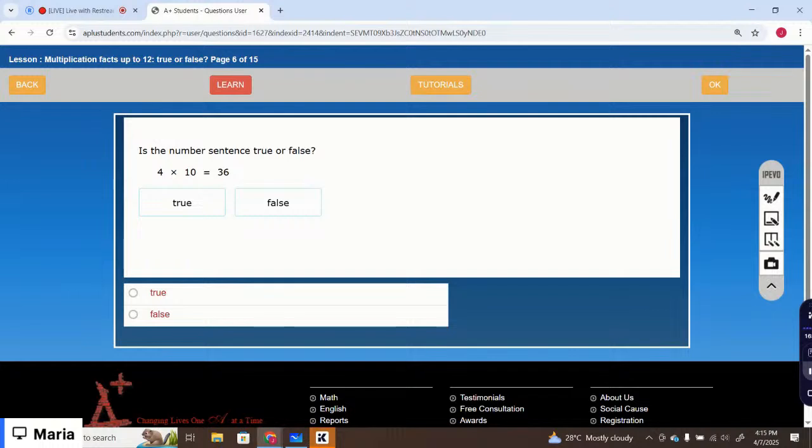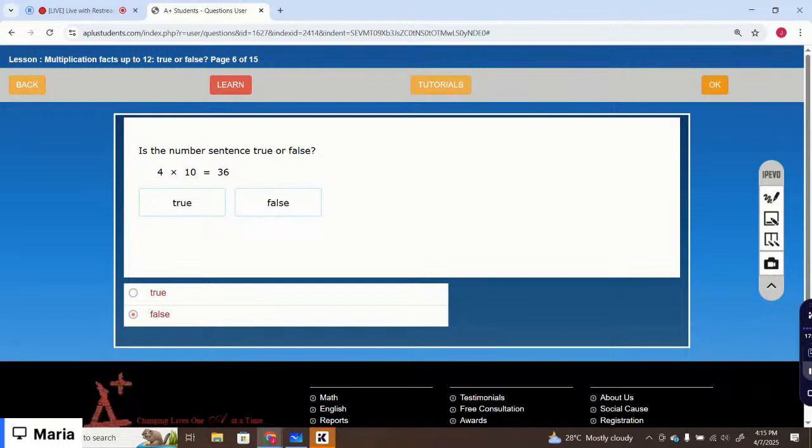Is the number sentence true or false? False, it is.